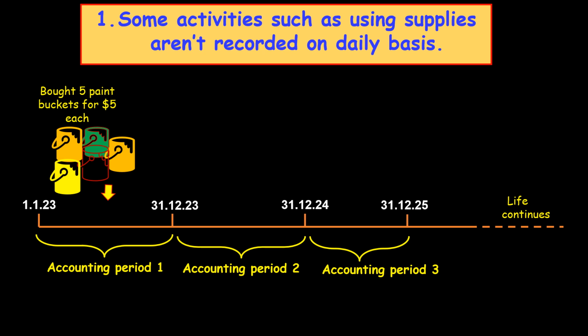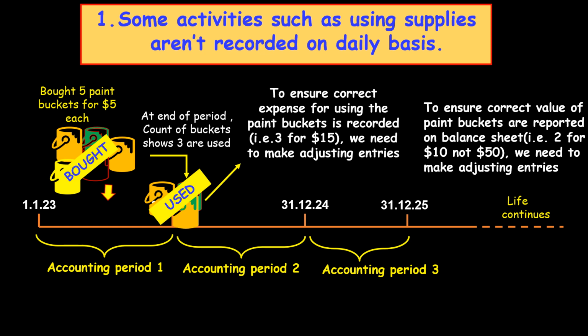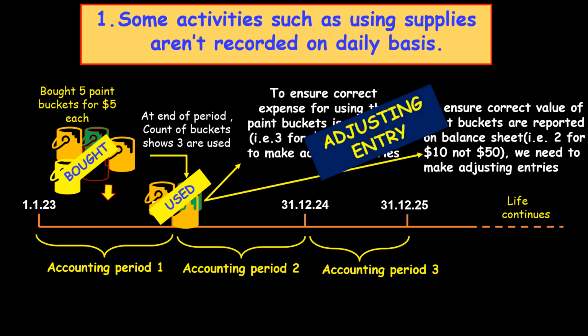The accountant for this business will not, at the end of each day, determine how much of the paint supplies are used, and in this case, how many buckets were used, and therefore we should record them. Rather, the accountant will determine that at the end of each accounting period, in this case, month. So that's when the accountant determines that, okay, 3 buckets were used, and therefore those 3 buckets should become expense. And the fact that 2 are still left should be updated as well. And this update is done through an adjusting entry.